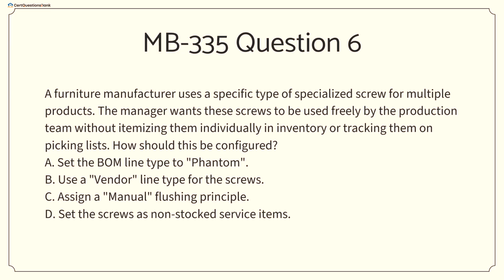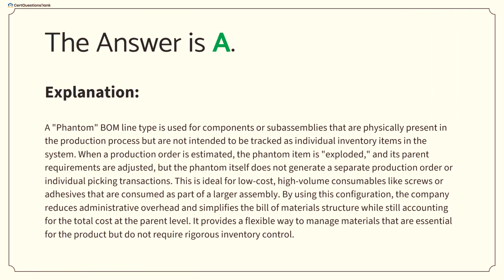A. Set the BOM line type to phantom. B. Use a vendor line type for the screws. C. Assign a manual flushing principle. D. Set the screws as non-stock service items. The answer is A.